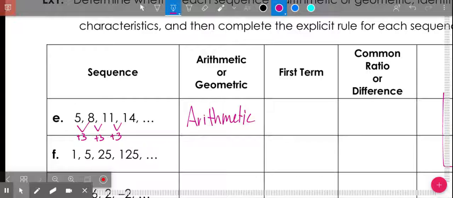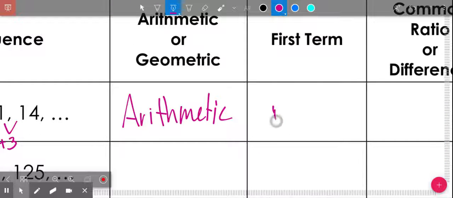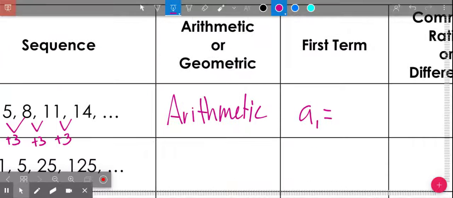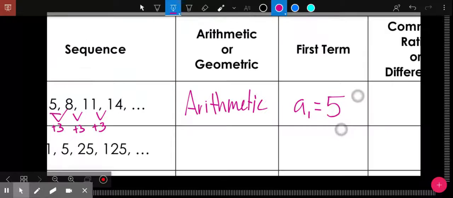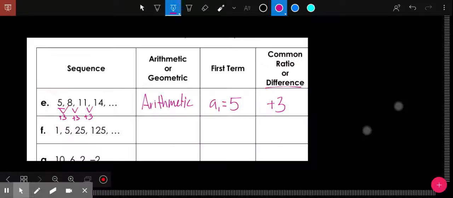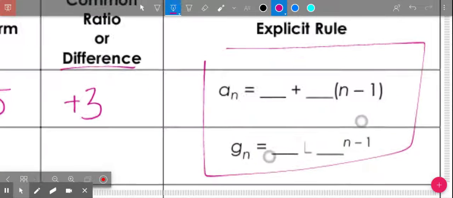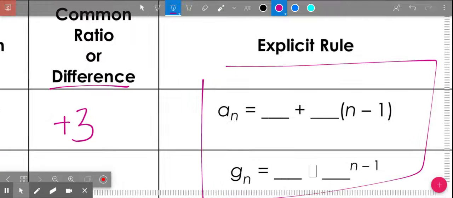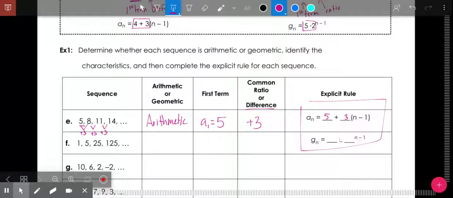And then we need our first term. So it's arithmetic, so we're going to do a sub 1 equals 5. And then we actually already found our common difference, and that's going to be plus 3. So then looking at our rule, we just need to fill in the blank. A sub 1 always goes up front, so 5. And then how are we changing? We're adding 3. Not so bad.